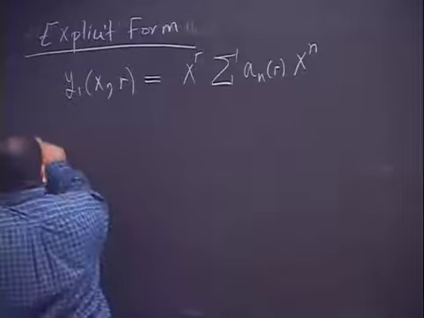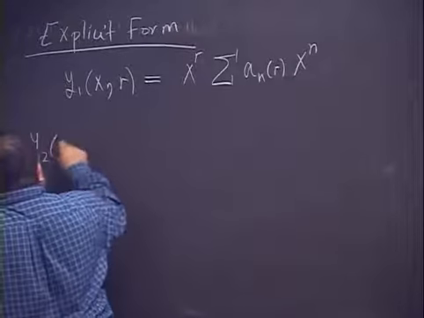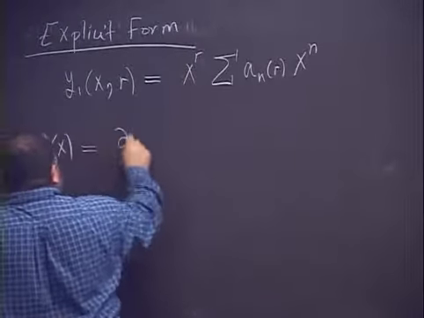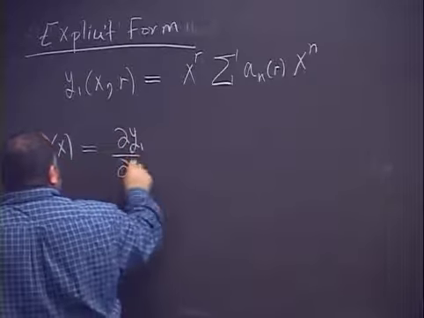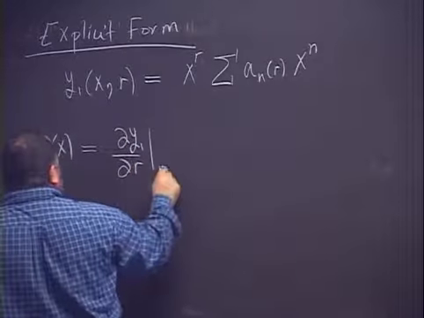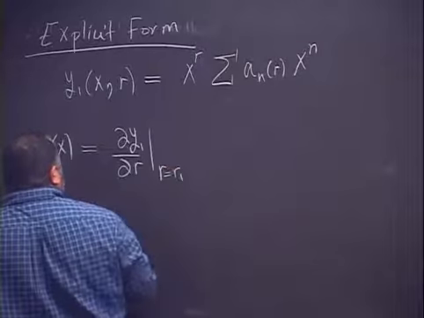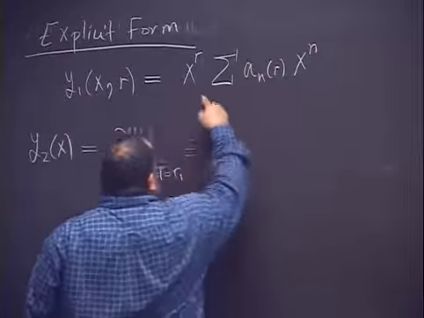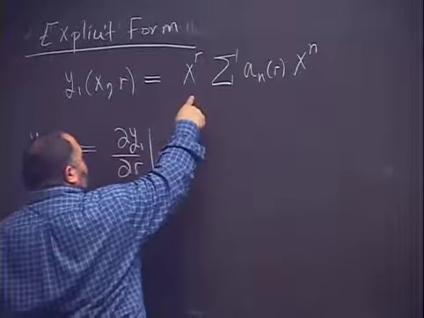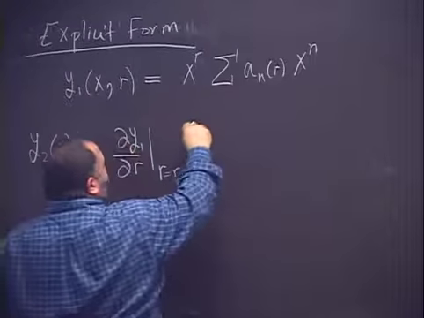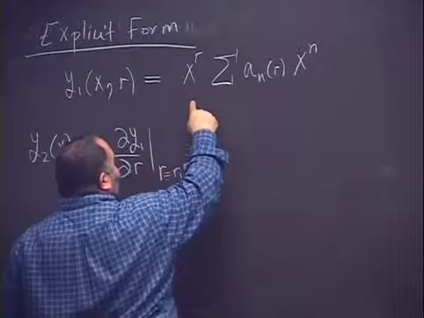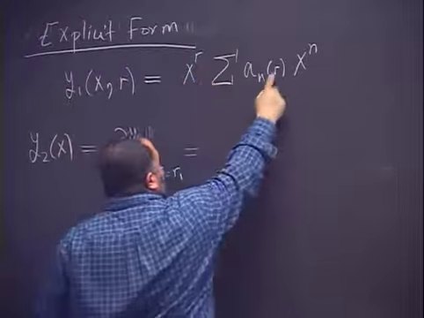So to get y2 of x, you just differentiate y1 by r, evaluated at r equal to r1. So if we differentiate this, which one has the r here? x to the power r has an r and a_n has an r.